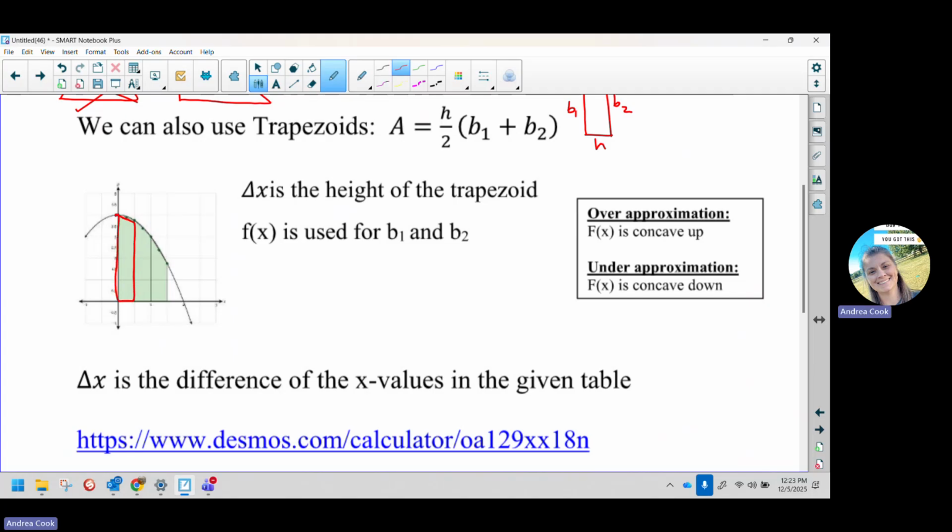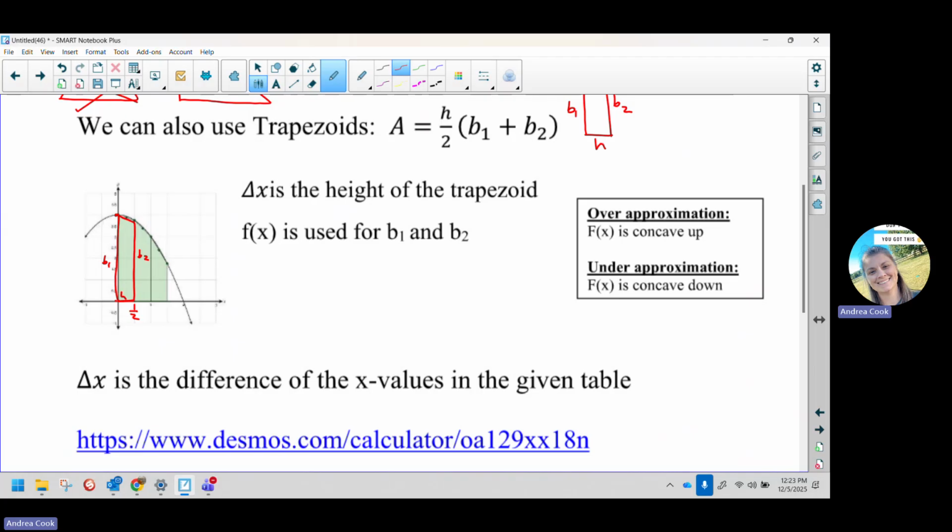Base 1 is the height at 0 and base 2 is the height at 1/2. So base 1, base 2, and that's your height. And the next trapezoid, do you see that they share a side?